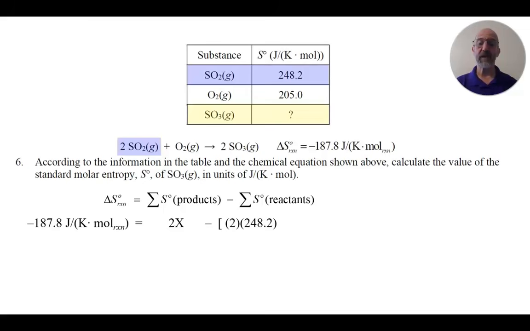So that's going to be minus 2 times 248.2. And then the other reactant is the oxygen gas, which has a value for its standard molar entropy of 205. So what I have right now is negative 187.8 on the left equals 2x minus 2 times 248.2 plus 205.